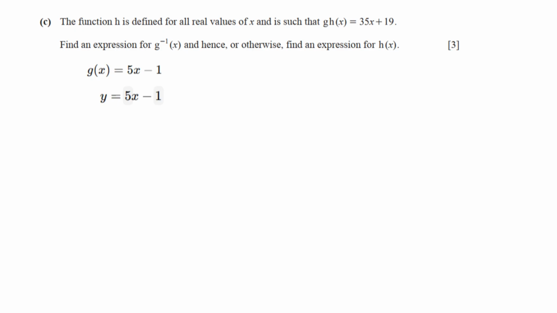Now interchange x and y, so we get x equal to 5y minus 1. Now rewrite this to make y the subject. So x plus 1 is equal to 5y. y is equal to 1 over 5 times x plus 1. So g inverse of x is 1 over 5 times x plus 1.